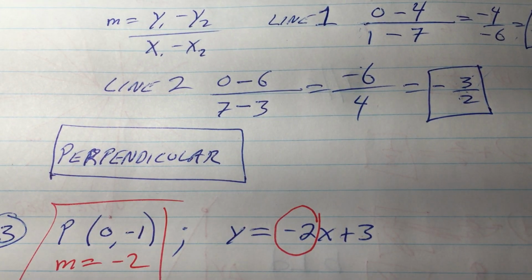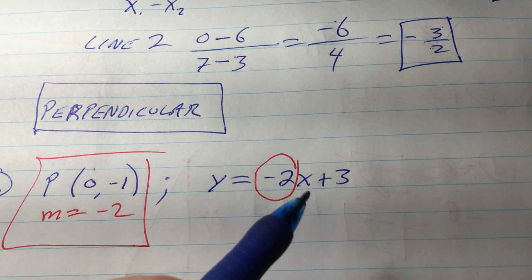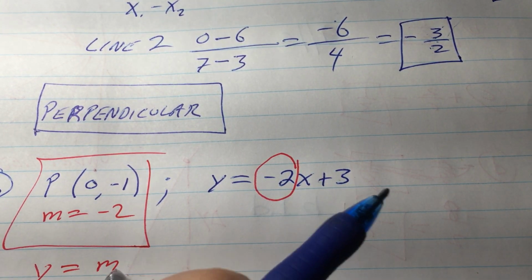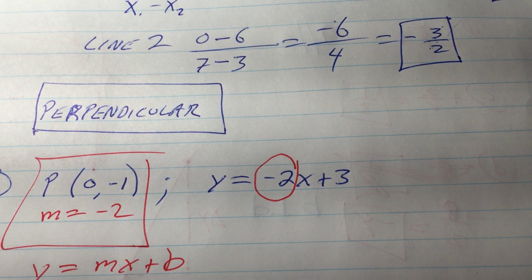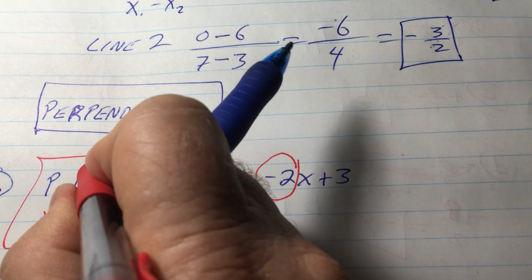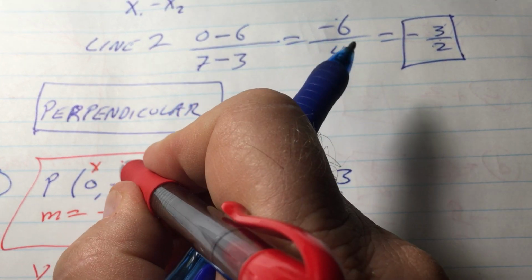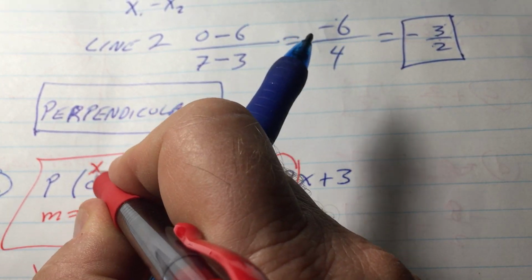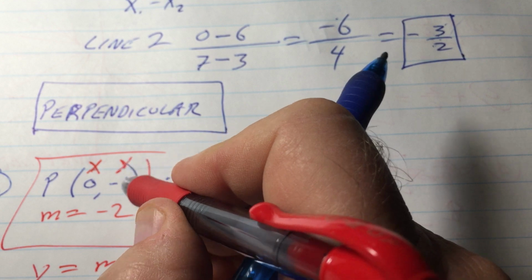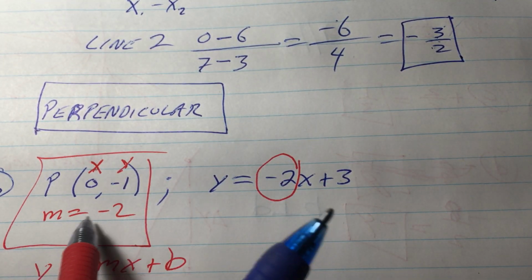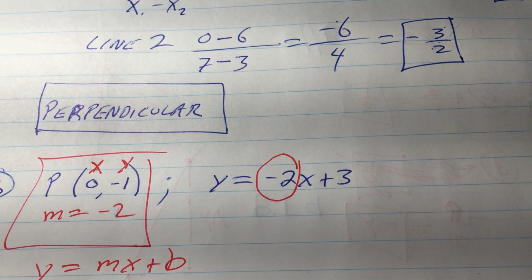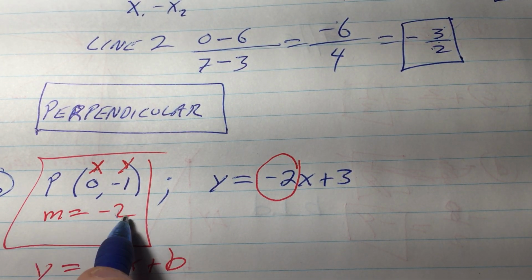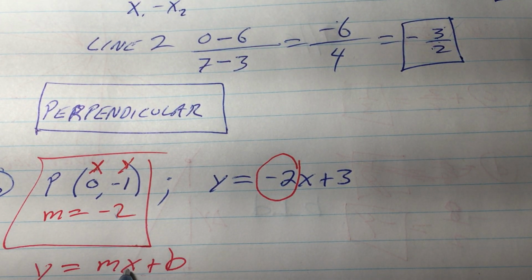This is the information we need, and we're going to write our equation. Y equals mx plus b. That's your slope-intercept form. This is my x value. This is my y value. This is my m. So y is negative 1, m is negative 2 times x.